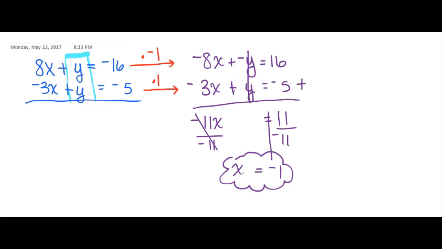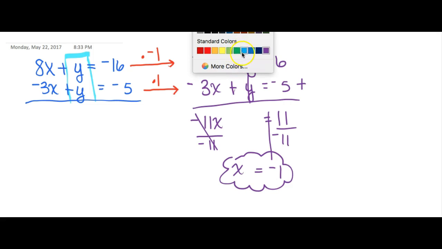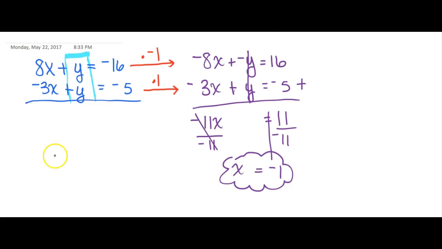Okay, now from here, I need to put it into one of the equations. Again, for me, I always go towards the first equation. It's kind of up to you. So 8x plus y equals -16, going to the original equations. So that becomes 8 times -1 plus y equals -16.